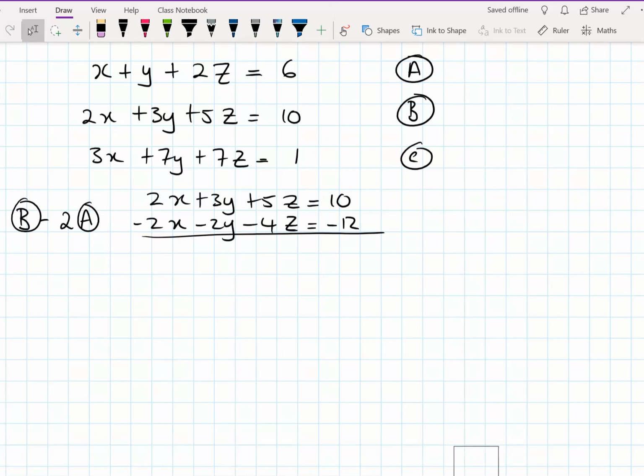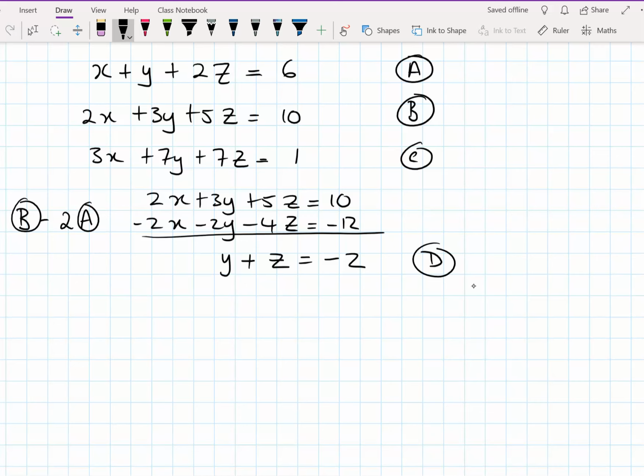And so when I put all of those together, I'm going to come up with y plus z is equal to minus 2. So I've eliminated the x's, but I've got two variables left over. I'm going to have to call this equation D.